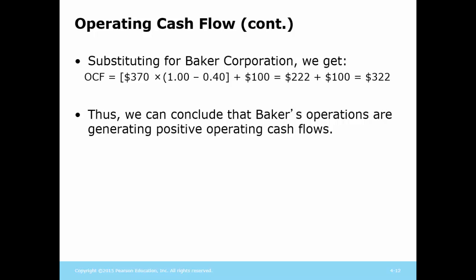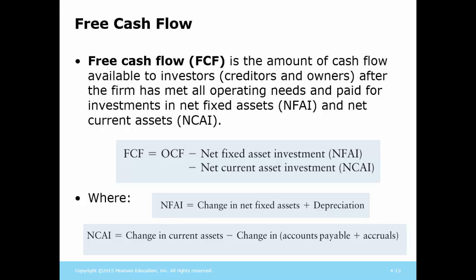Add the profit, the depreciation of 100, and we end up with an operating cash flow of $322. So at least from this perspective, the analysis says this company is generating positive operating cash flows. It's creating cash from running the company.